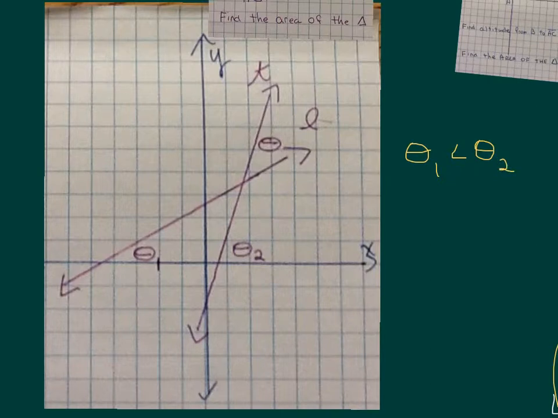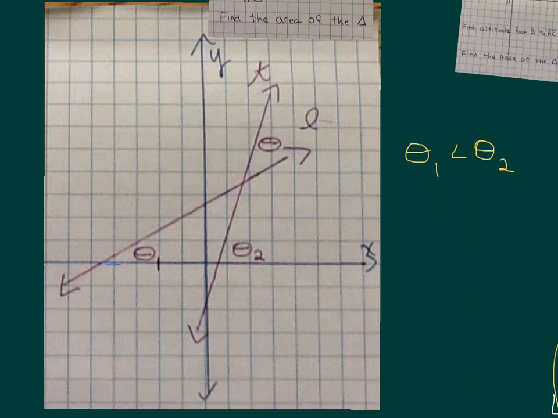And if I were to subtract theta 1 from theta 2, we know that it would still be less than 90 degrees, or pi over 2, because both of these are acute angles. Now, recalling from geometry, I have a triangle here if I look at the x-axis. And let me change the color.